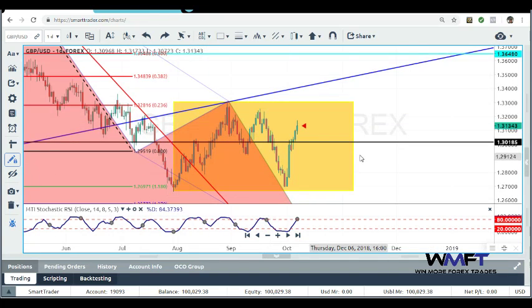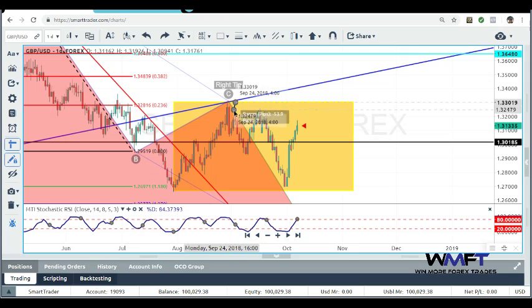But since this market is kind of in a consolidation range, we will look to just trade this consolidation range right here, that's a nice 630 pip range.